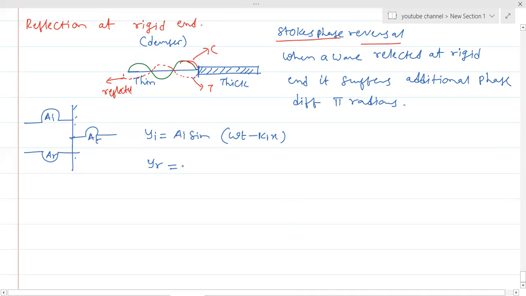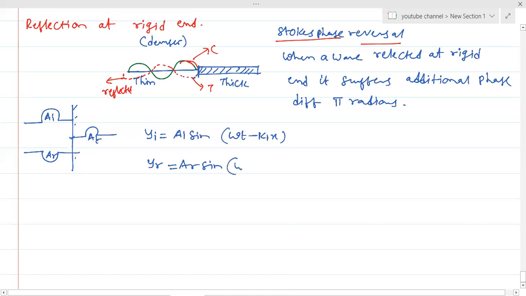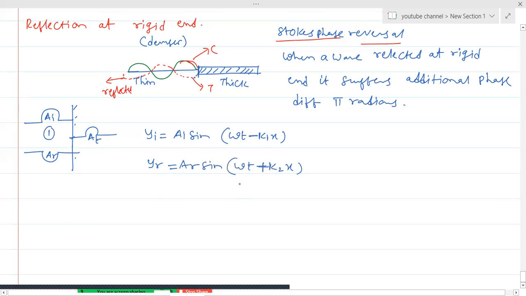So Y_R, equivalent to the reflected wave, we are going to get A_R into sine of omega t. Reflected means again it will be back into the same medium. So the wave propagation constant is the same, but the direction changes. So instead of omega t minus k1x, we have omega t plus k1x.